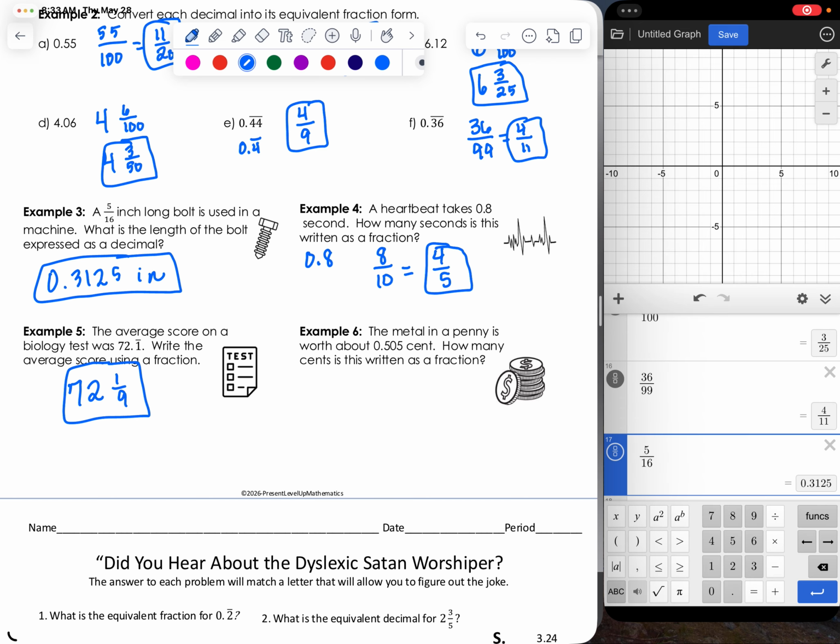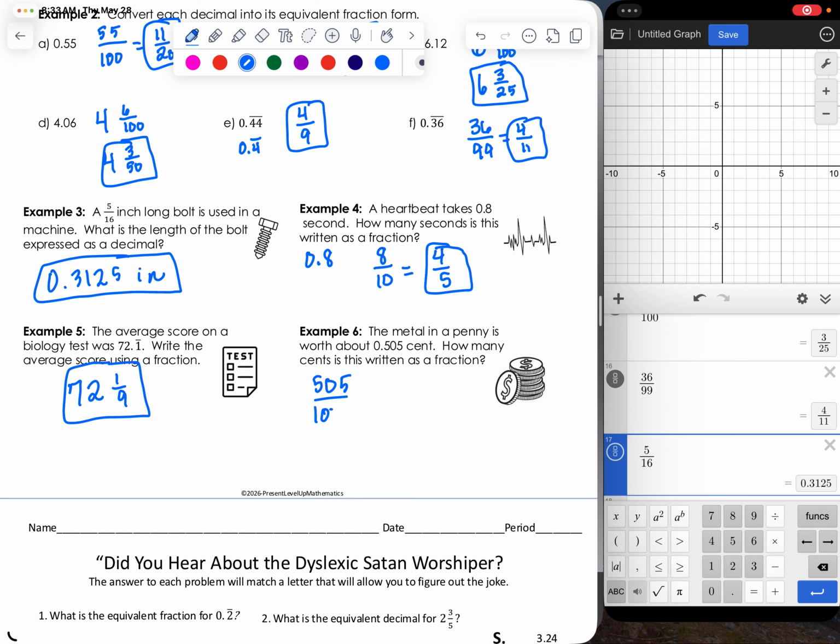Example 6. The metal in a penny is worth about 0.505 cents. How many cents is this written as a fraction? So this is a terminating decimal. So I'm not going to use nines here. It's a terminating decimal. So 505 will be my numerator. And it's 1, 2, 3 numbers after the decimal.